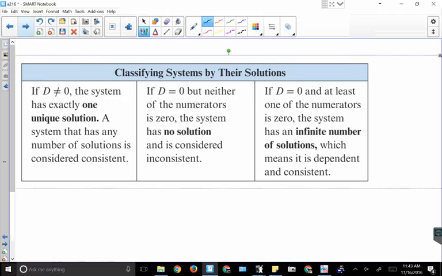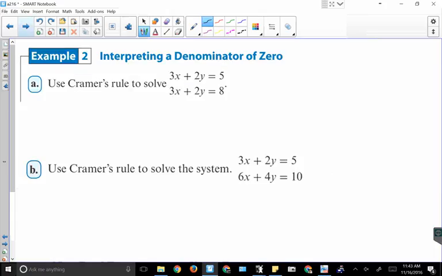If I have a determinant that is 0 and it's in the denominator, there is no solution. If I have zeros for the determinant in the denominator and the numerator, the lines are going to be the same line, and they've got an infinite number of solutions. So, we are going to take a look at Cramer's rule for these two.